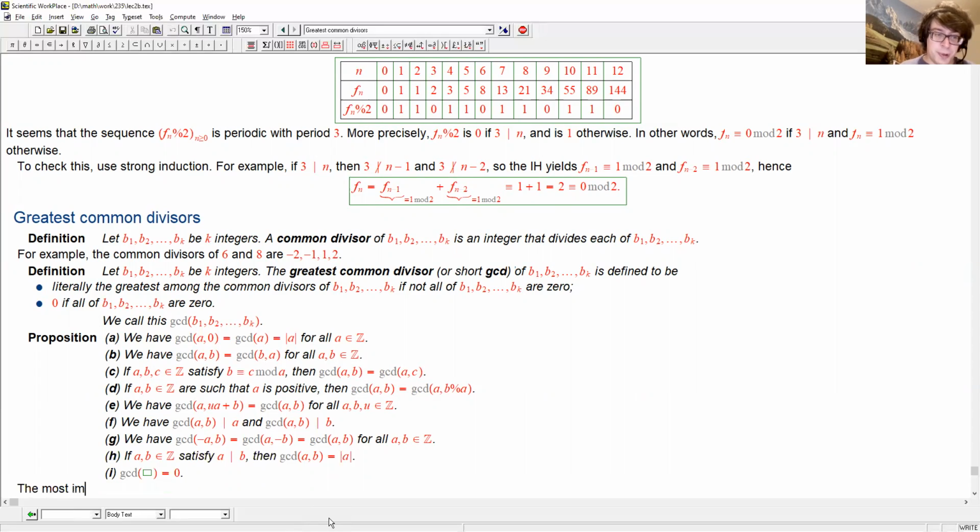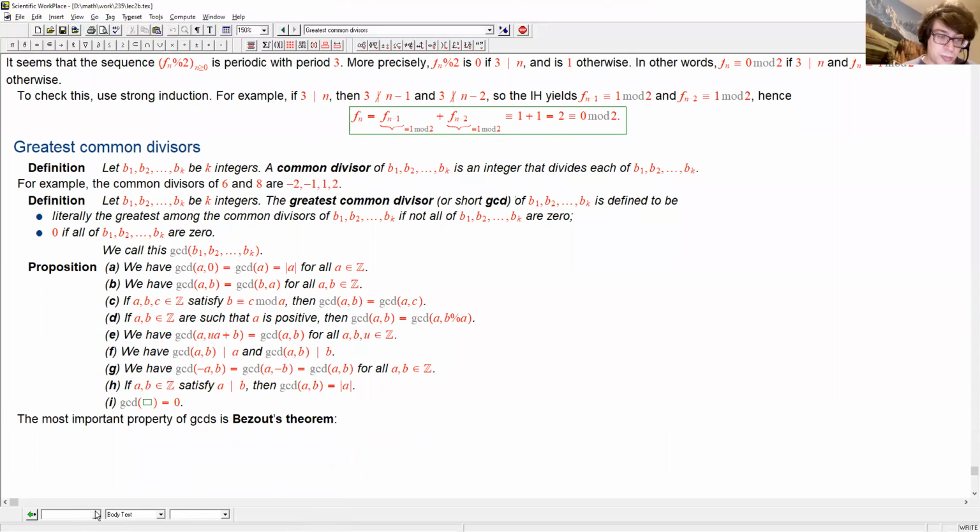The most important property of GCDs, even if it doesn't look like that, is Bezout's identity or Bezout's theorem. It's saying the following. I'm going to state it for 2 integers. You can look it up in the notes for several integers. It's sort of the same argument, sort of the same theorem. The case of 2 integers is the one that ends up being used most of the time.